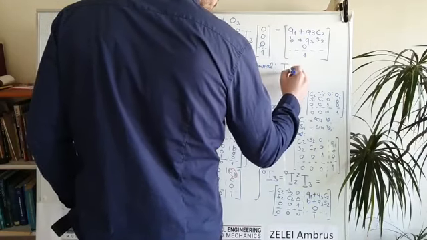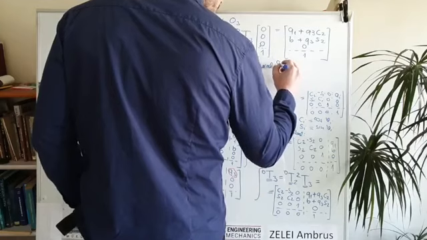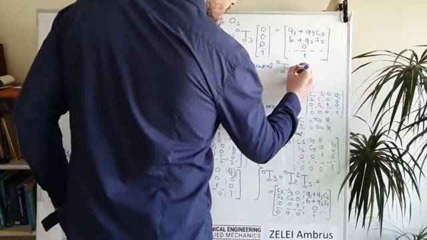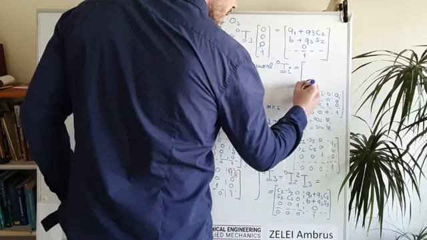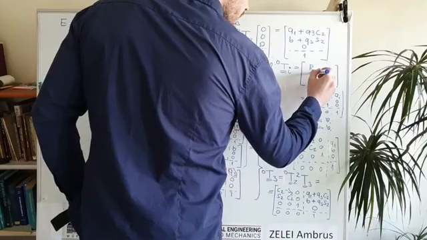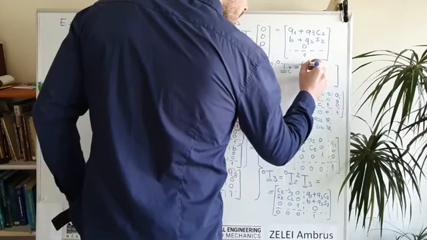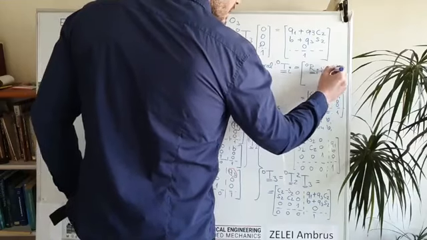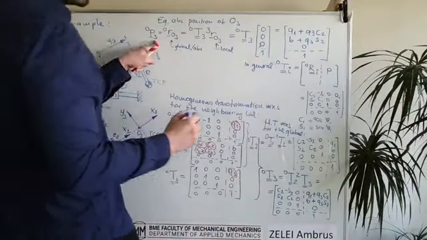From here you can see again that if you take the homogeneous transformation matrix of any coordinate system, it will basically contain the rotation matrix of the same coordinate system, and also this position vector.